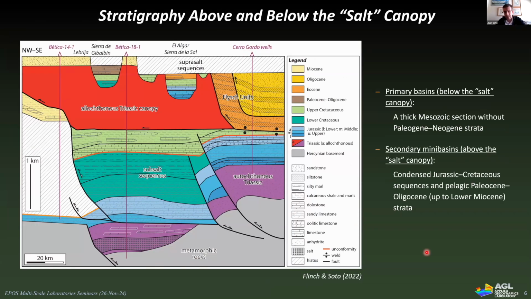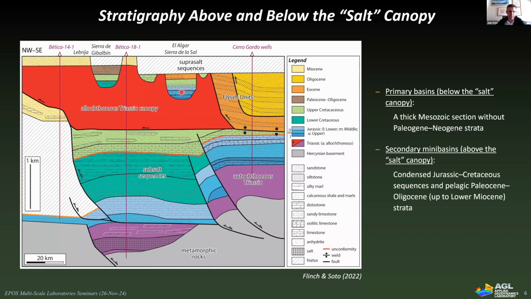So one of the observations supporting this interpretation is that we have condensed sections on top of the allochthonous Triassic canopy. Compared to the subsalt sequence, we have upper Jurassic-Cretaceous strata with more than 1 kilometer below the salt, but above the canopy we have a condensed section with thin sequences of upper Jurassic, Cretaceous, and also Oligocene strata.